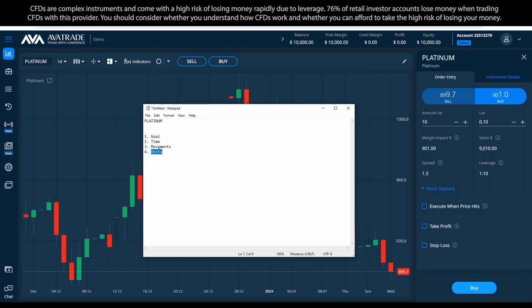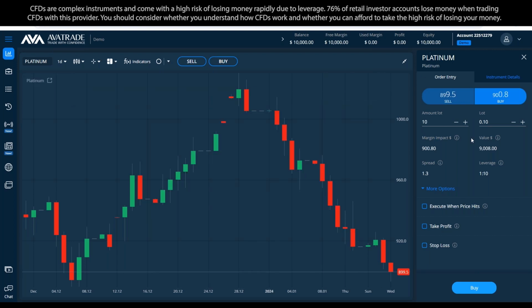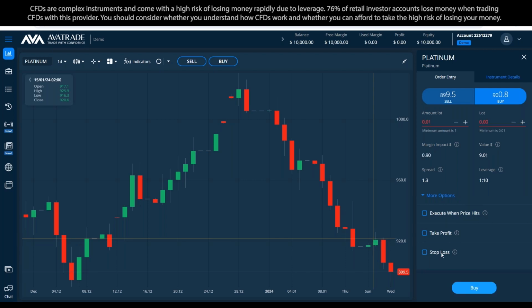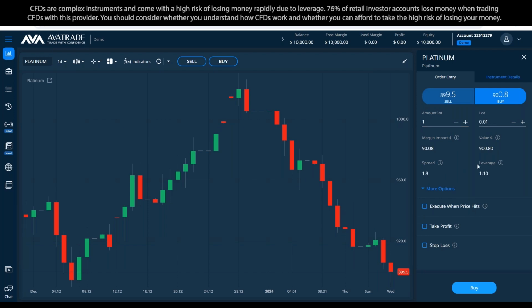Now, I'm looking at platinum. Platinum is one of the metals. And what I'm going to do is I'm going to go with a bare minimum just to demonstrate to myself and to you guys what can be the potential result.